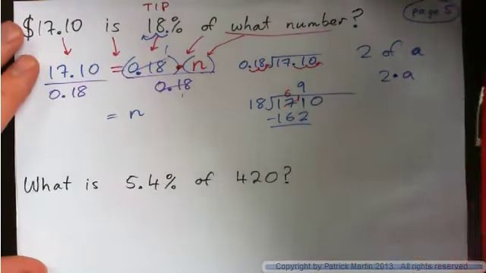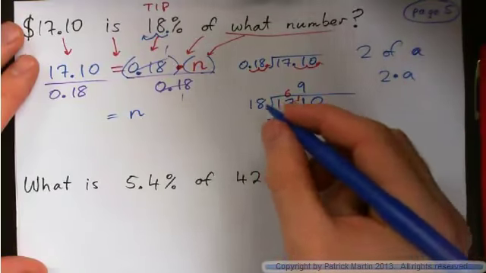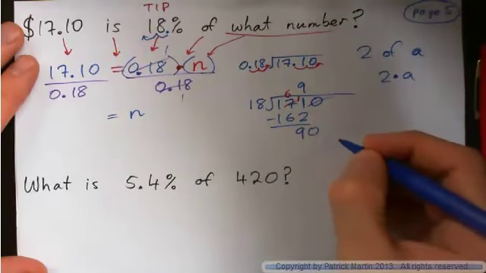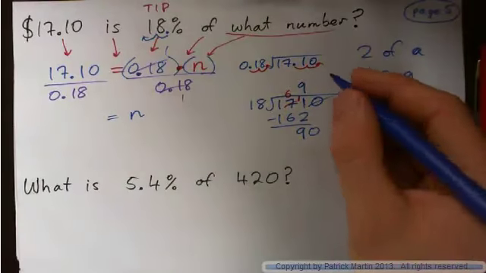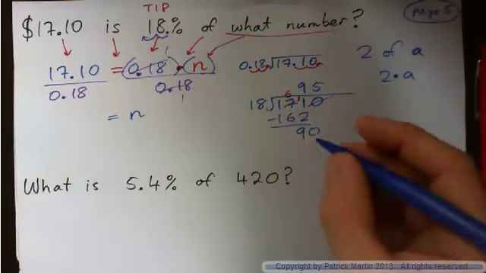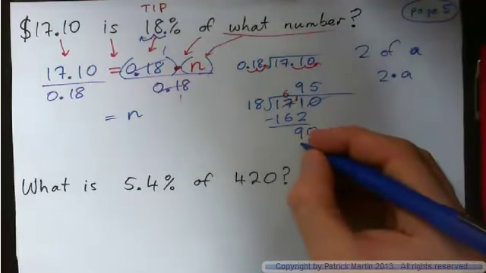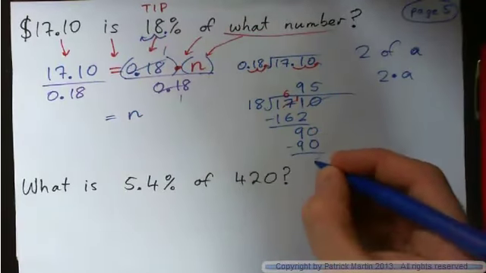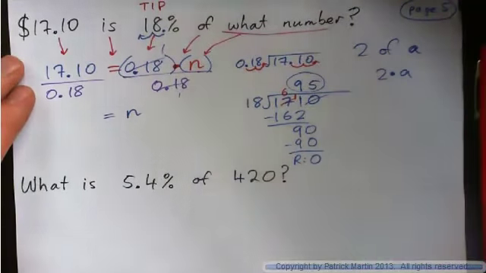This becomes 11. 11 minus 2 is 9. Bring the 0 down. 18 into 90 goes how many times? Let's try 5 times. 5 times 8 is 40, carry the 4. 5 ones is 5, and 4 is 9. Subtract. Remainder 0. So the answer is exactly 95.